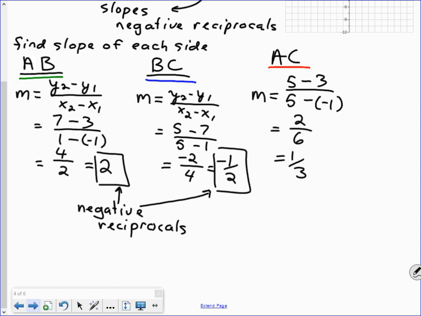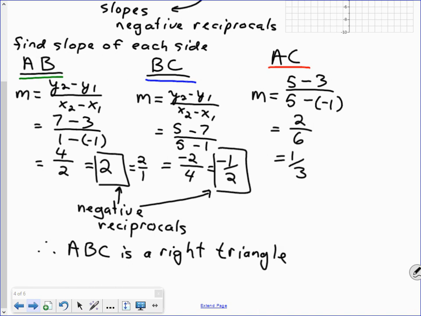My slope of 2 is 2 over 1. If I flip it over, I get 1 over 2, and I've got the negative sign in there. So because 2 of our sides have slopes that are negative reciprocals, we know that triangle ABC is a right triangle. And there's the first part of our question done.